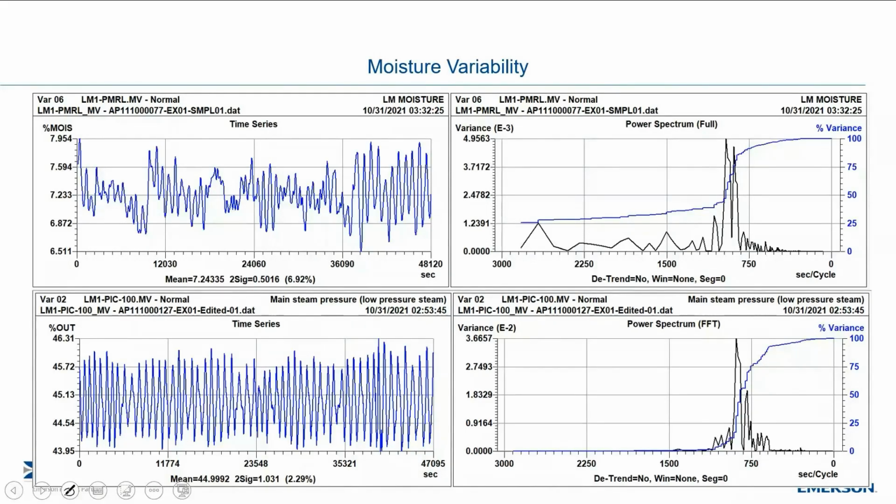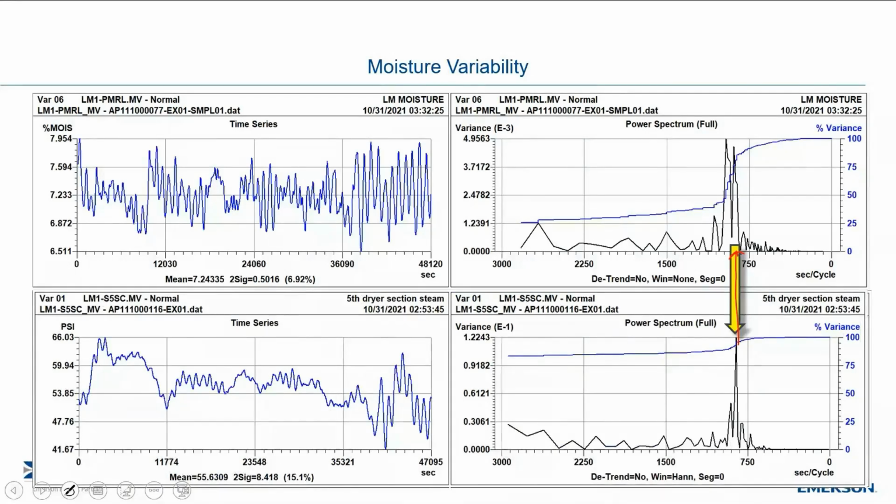Right here, I took a look at this, and I could see that my steam pressure was oscillating, and that lined up with the moisture variability I was looking at. So I was pretty excited about that. Then I was tracking down the source of the variability.